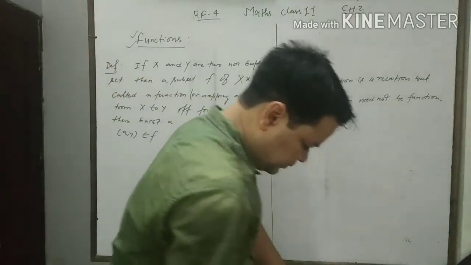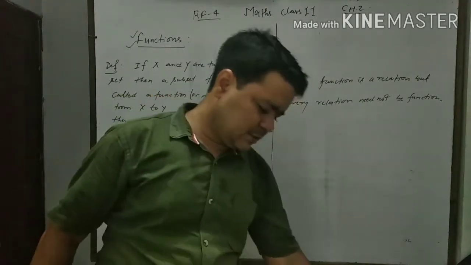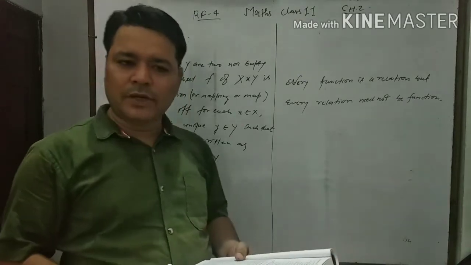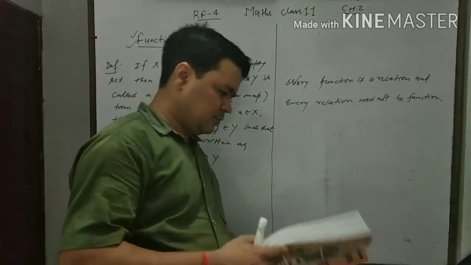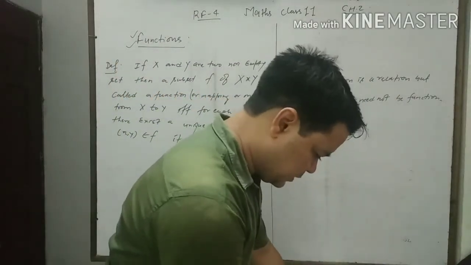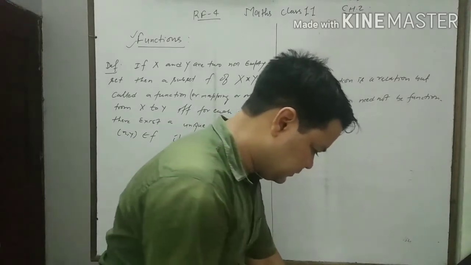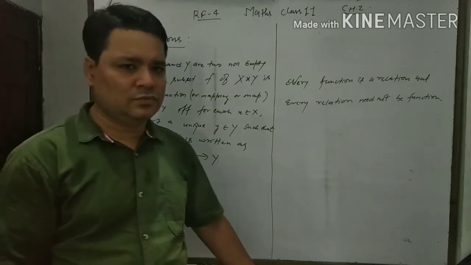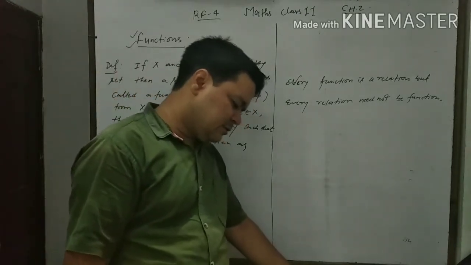So here, let us see. You must go through the statements given in the book also. On this basis, we can find the domain and range of the function also. Domain and range of the function.